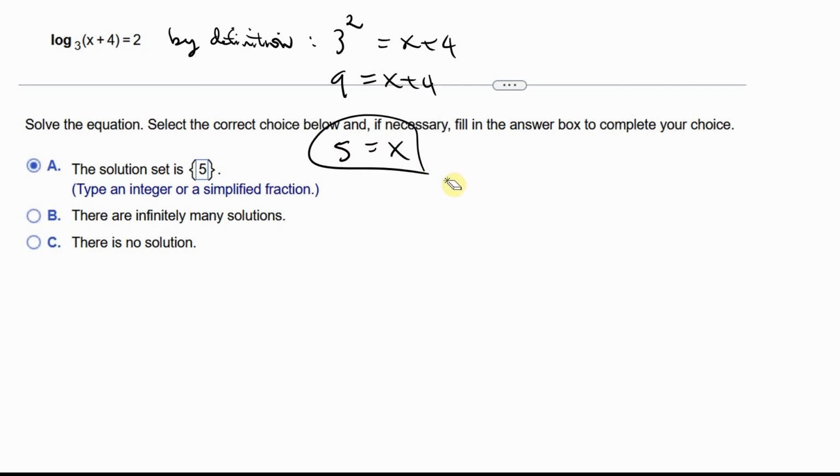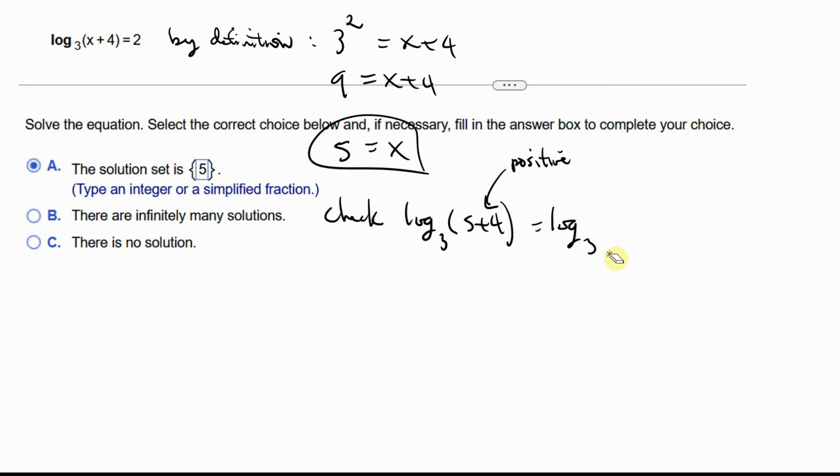You check that, you plug in just to make sure that 5 is in the domain. Log base 3 of 5 plus 4. The result is positive. That's all we need. And it does make sense once you finish checking.